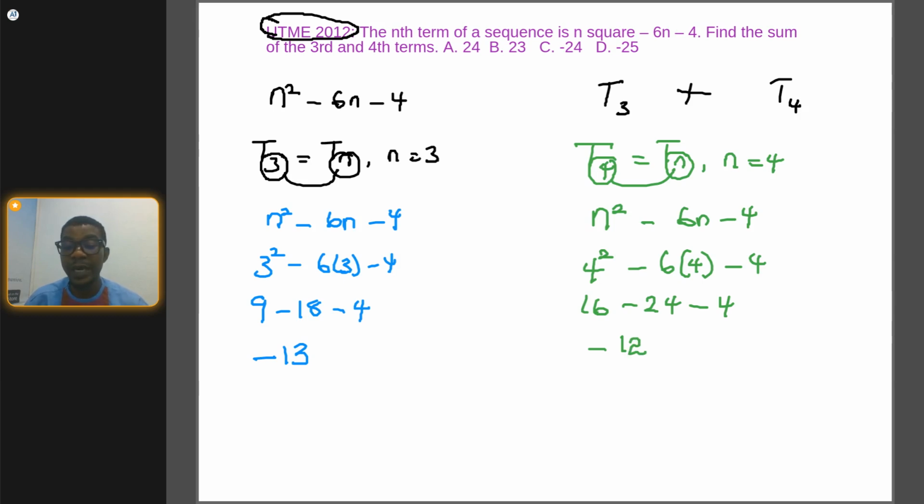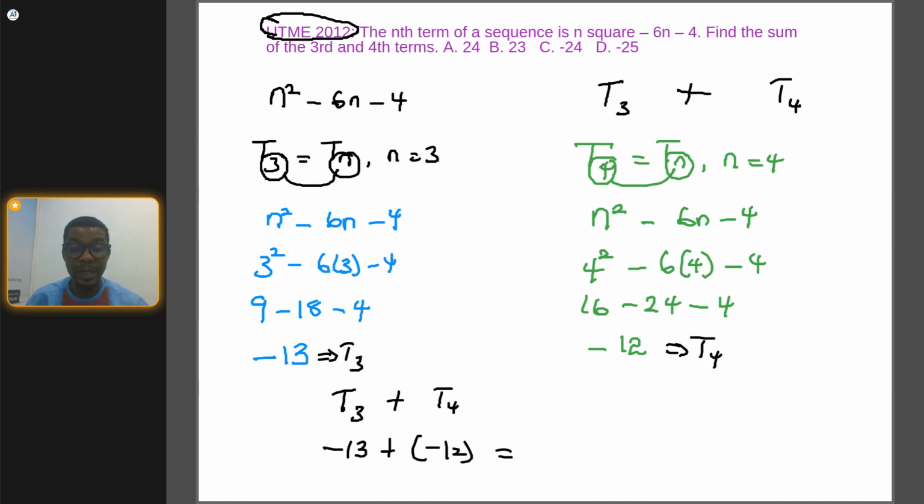So if you are going to find the sum of T3 and T4, T3 plus T4, this is T3, while this is T4. That means we are going to have minus 13 plus open bracket minus 12, which is the same thing as minus 13 minus 12, and the answer is minus 25.